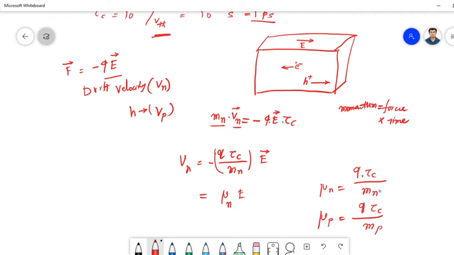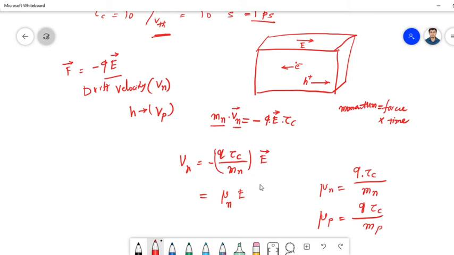Now as you can see, how does this mu n vary? q is constant, Mn is constant, so it depends on tau c, which is your mean free time, right? Now come the different scattering mechanisms.